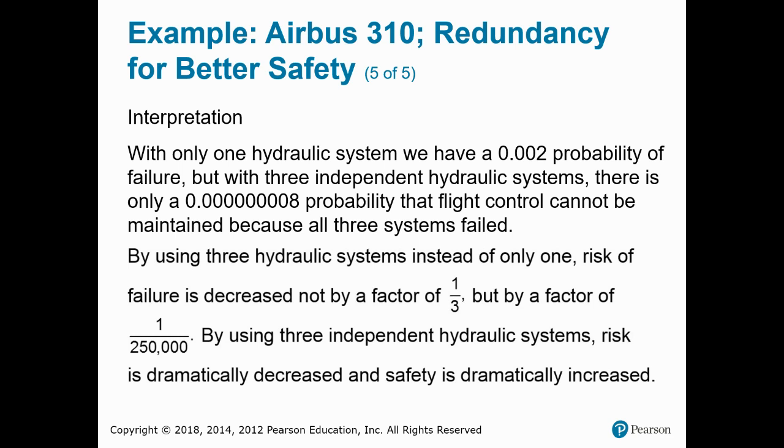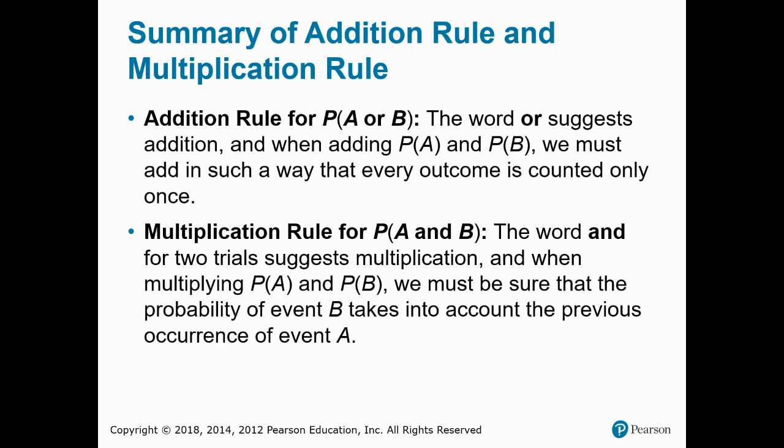Using that, the failure decreased not by a factor of 1/3, but by a factor of 1/250,000, which is a way bigger difference. So 3 hydraulic systems definitely decreases our chances of failure, which, if you're flying in a plane, you don't want that to happen, right? I wouldn't. I'd be in panic mode.